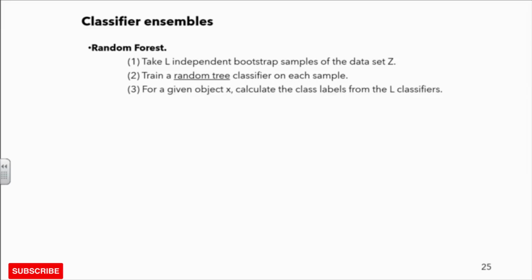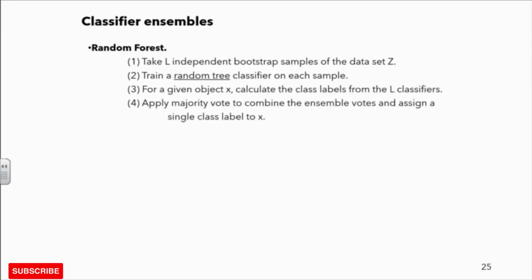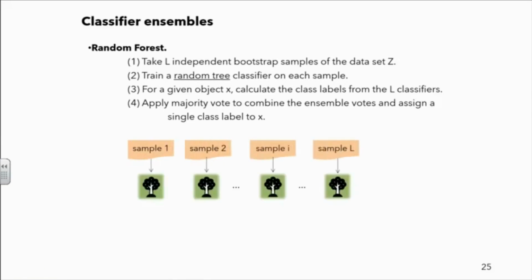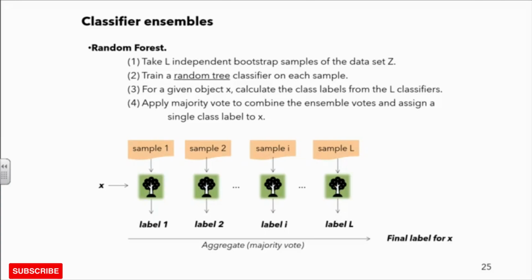We get a new object we want to classify, we get the labels, and then we apply a single majority vote. So our classifiers are decision trees. In that case, this is fixed. This is the type of classifier we have to use. For the object we want to classify, we have L labels, and then we get our majority vote.